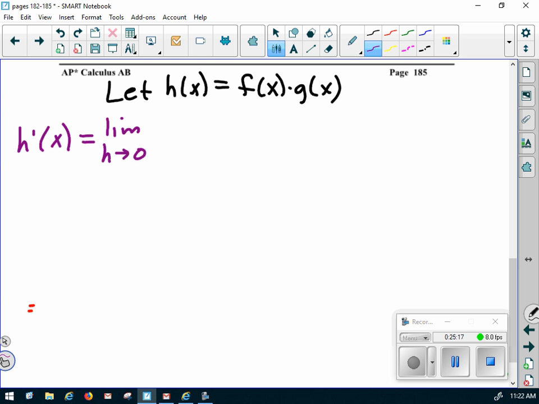Remember, I evaluate the function at x plus h minus evaluate the function at x. To evaluate that function at x plus h means everywhere I see an x, I'm going to put an x plus h, minus the original function.